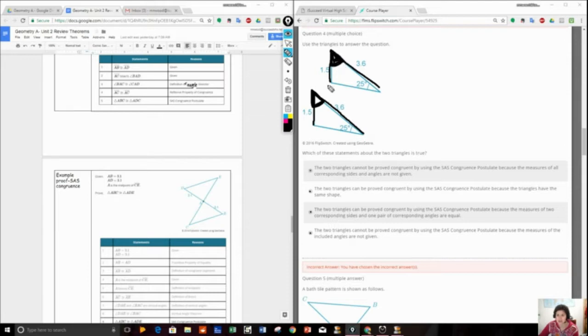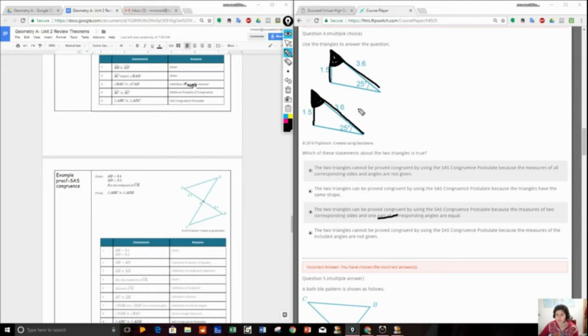So I can't say it's congruent because it's not given. So this one I can't say because the one pair of corresponding angles are equal. That's not given. The included angle isn't given.